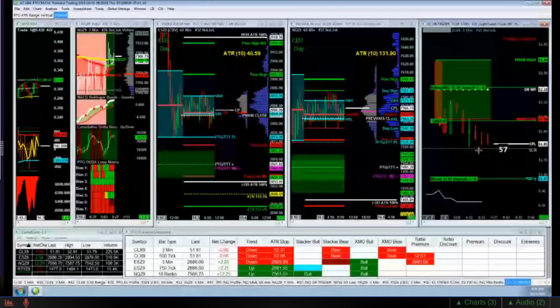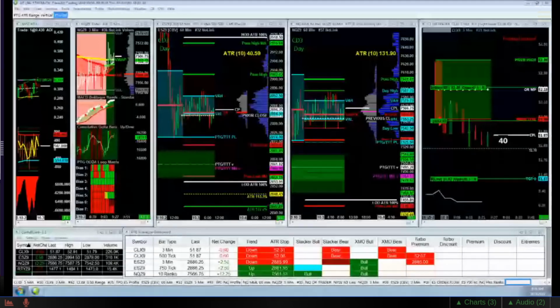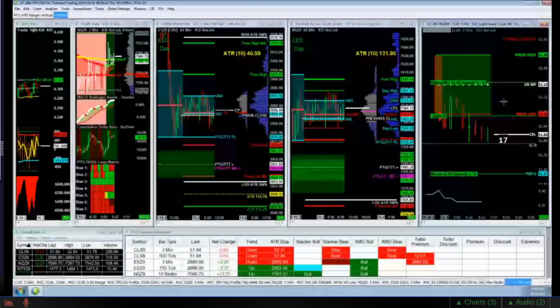And if we get across the 78s here, stop will come to even, and then we'll be risk-free on the trade. Again, the way I manage it is for the model strategy. If you're actually trading the strategy for yourself, be sure to manage your risk accordingly.